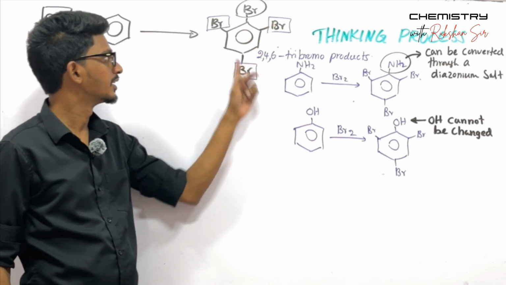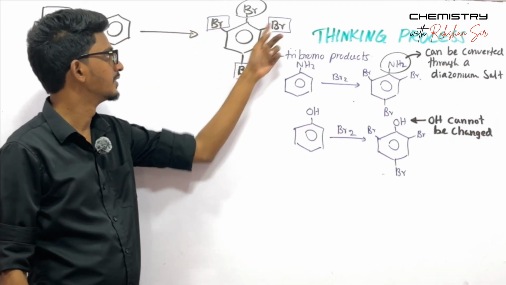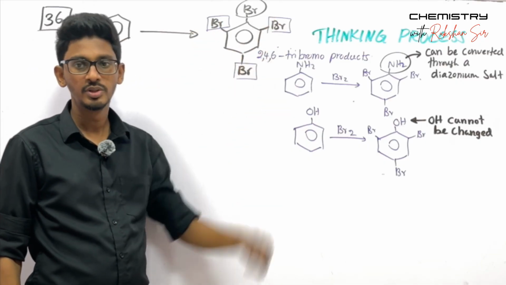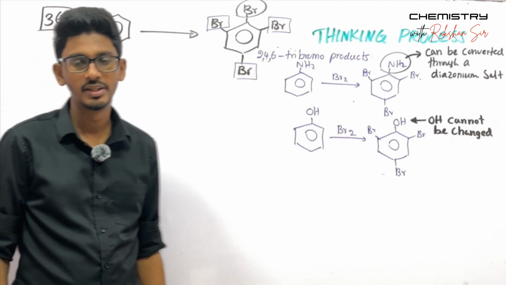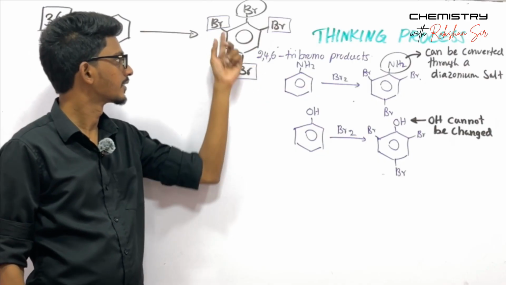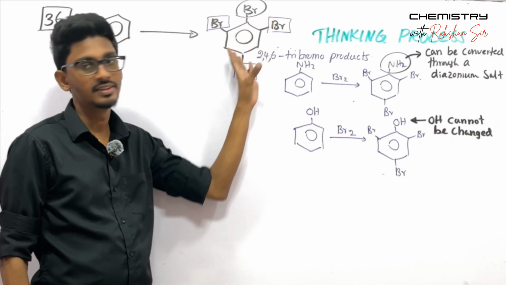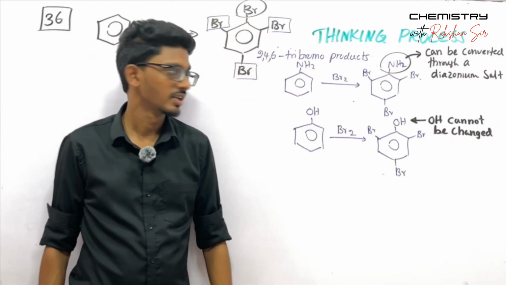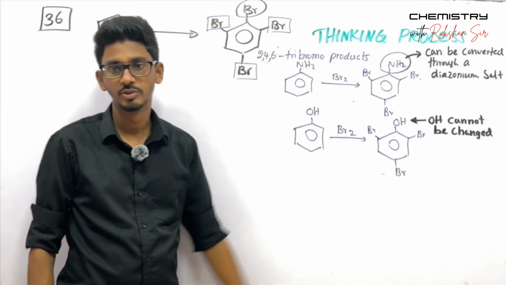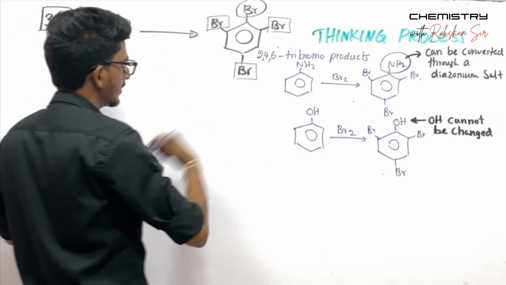Halogens can be converted to deuteriums easily, first by converting the halogens to MgBrs, then to deuteriums by adding D plus D2. Right, those are two pathways available.